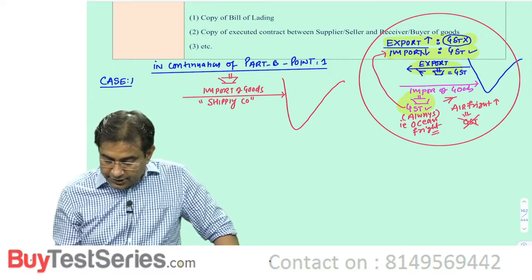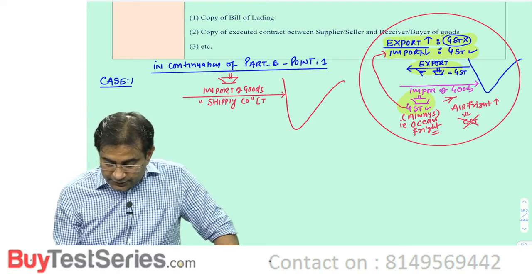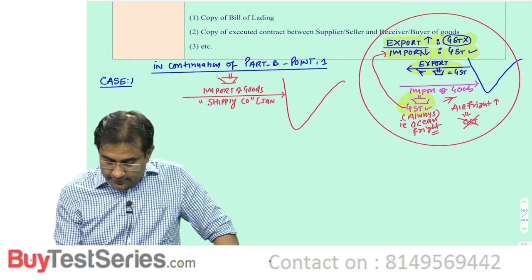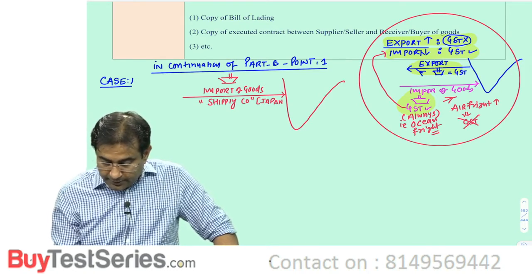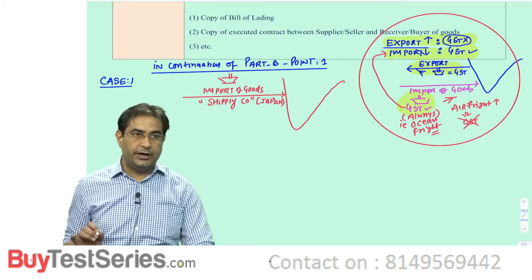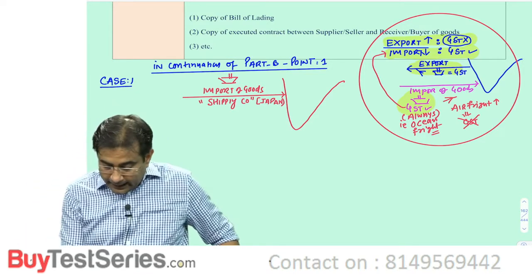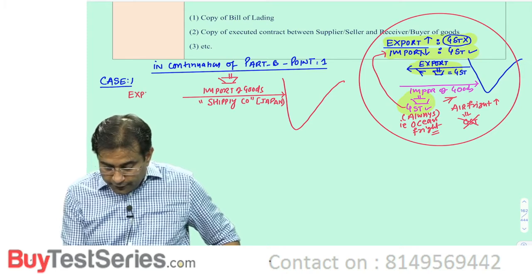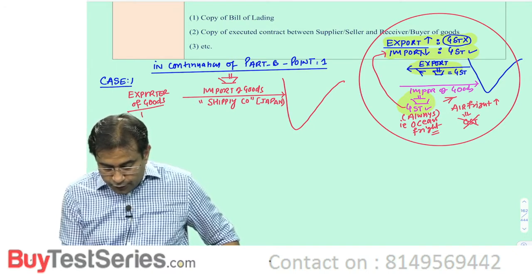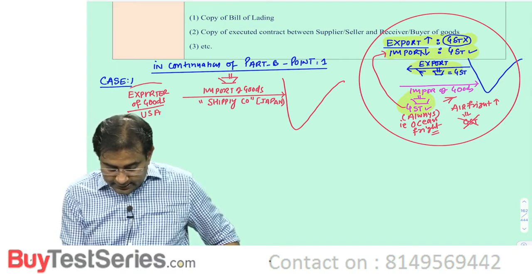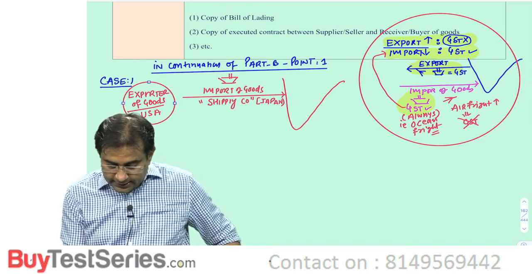Suppose the transportation company belongs to Japan, and the exporter of goods belongs to USA. Is it okay? Yes, sir.